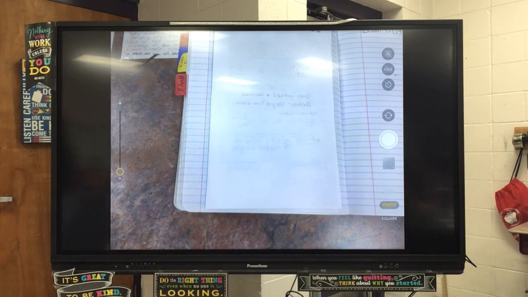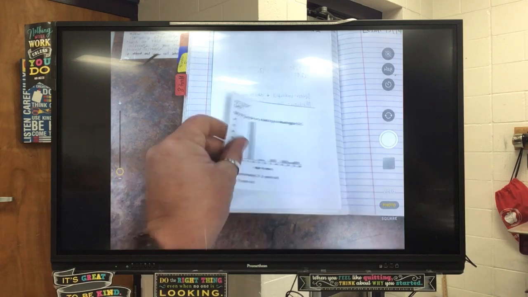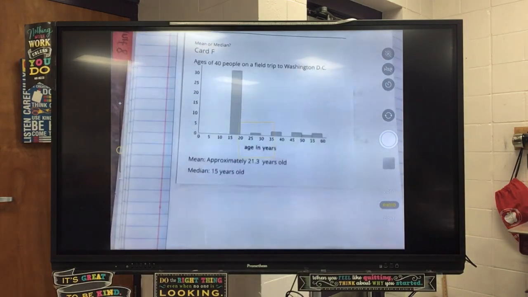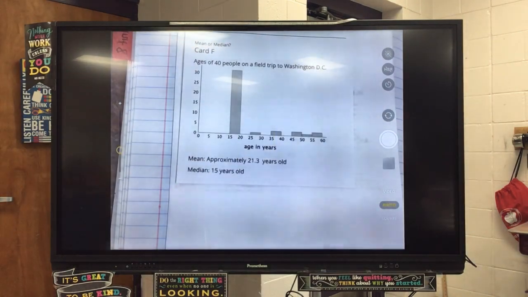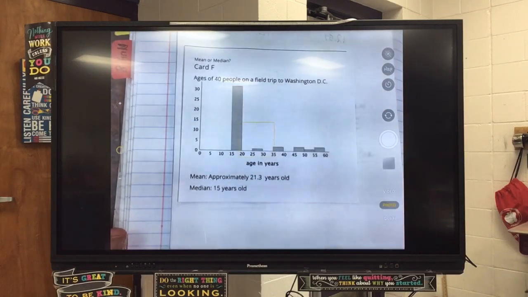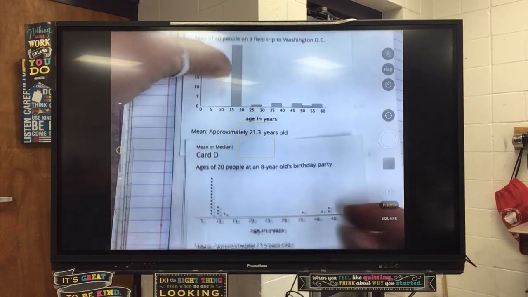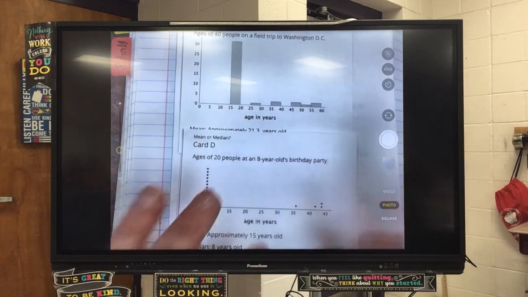Do you guys have another set of data that looks similar to card F? Which one, looking only at the data, is similar to card F? Kira, give me one of them. Card D. Card B. All right. Why do these two look similar?